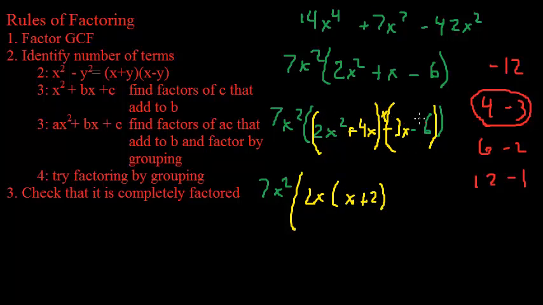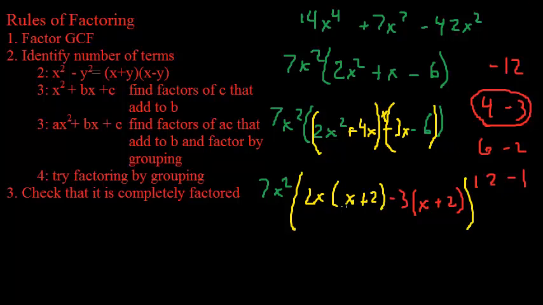Then here, my greatest common factor, again I remember I want an x plus 2 to come out of here, so I need to factor out a negative 3, so that my first term in that binomial will be an x. So I'm factoring out a negative 3, which leaves me with x plus 2. Right, because again if I take out a negative 3 from negative 3x, it leaves me with x. Dividing out a negative 3 from a negative 6 gives me a positive 2.